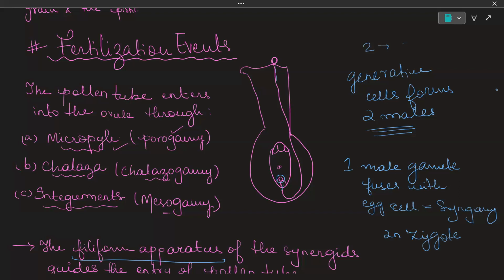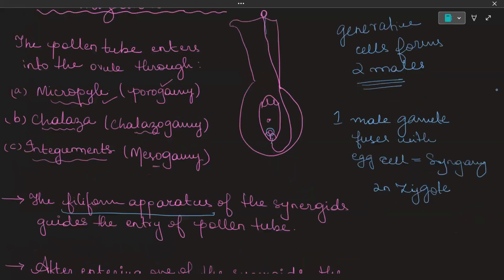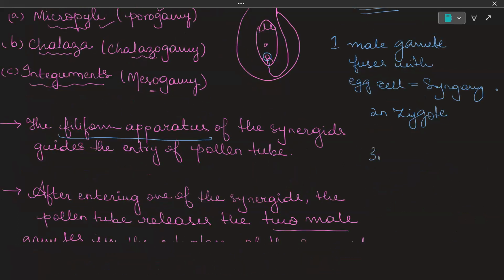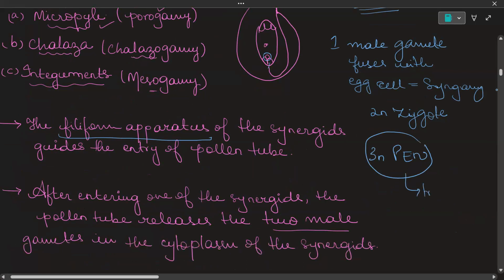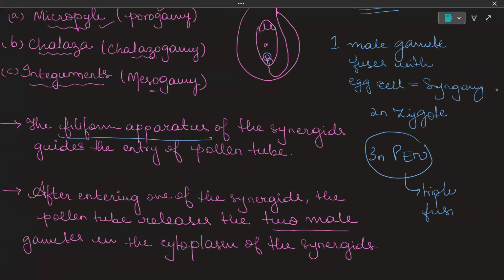And what would it form? It would form a triploid, a 3N primary endosperm nucleus, and this process is known as triple fusion. Under double fertilization, syngamy and triple fusion take place. In syngamy, one male gamete fuses with the egg cell to form a diploid zygote.